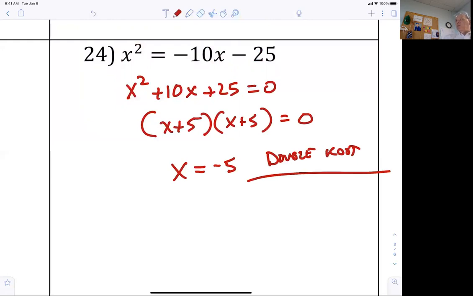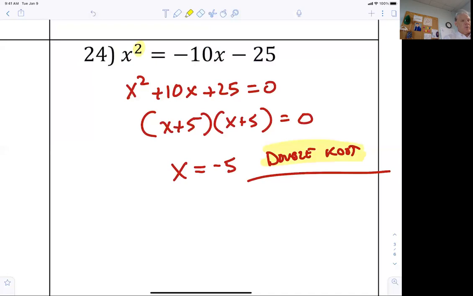This is called a double root. x equals negative 5. That's a brilliant question. There should be 2 solutions. That's why they call it a double root. You with me?